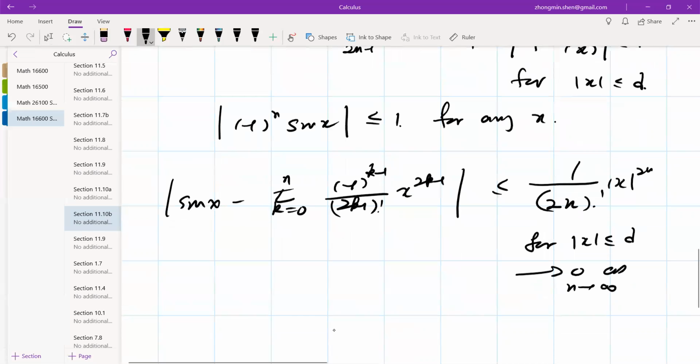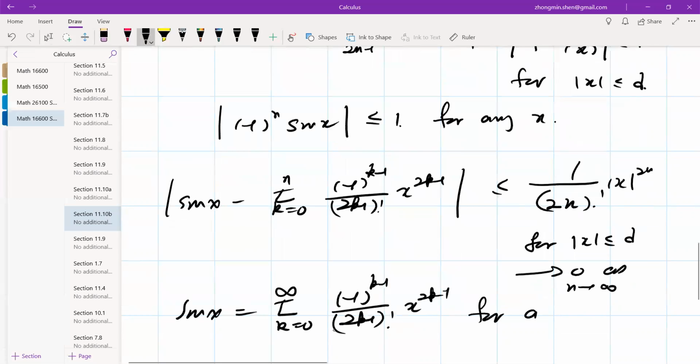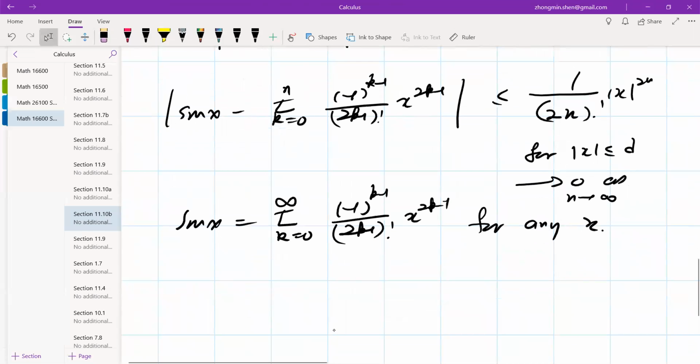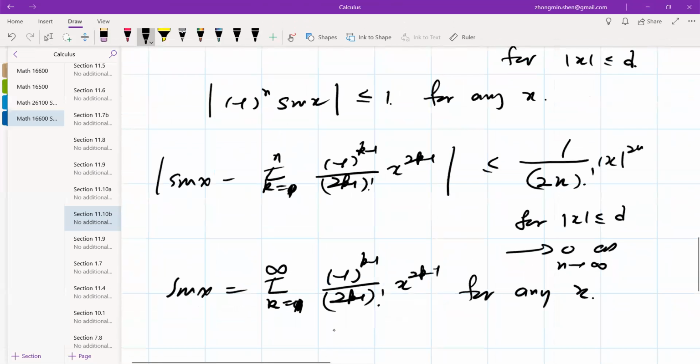Okay? So that means sine x is always equal to the series for any x. So we find our k starts from 1. Sorry, when k equals 0, then that will be negative. Yeah. Okay.